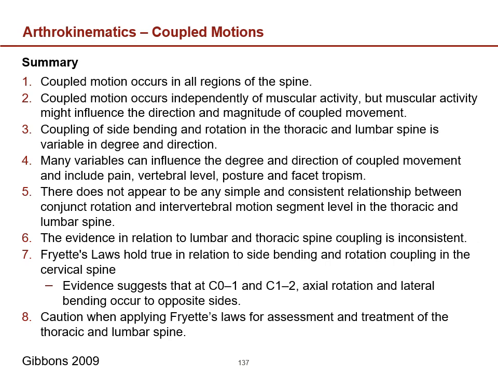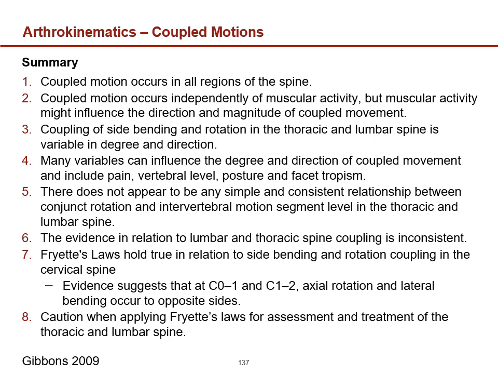There does not appear to be any simple and consistent relationship between the conjunction of rotation and intervertebral motion segment level in the thoracic and lumbar spine. The evidence in relationship to lumbar and thoracic spine coupling is inconsistent. Fryette's Laws hold true in relation to side bending and rotation coupling in the cervical spine.